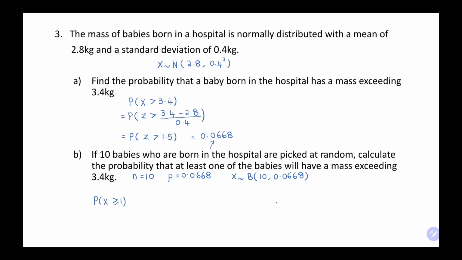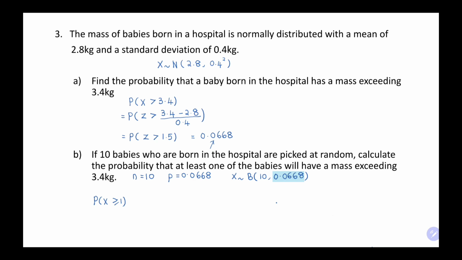We get n times p is 0.6, so less than 5. Since it is less than 5, we do not need to change to normal. We stay as binomial. P(X greater than or equal to 1). For the greater-equal sign, we can check the table directly, but the value p 0.0668 is not in the statistical table.